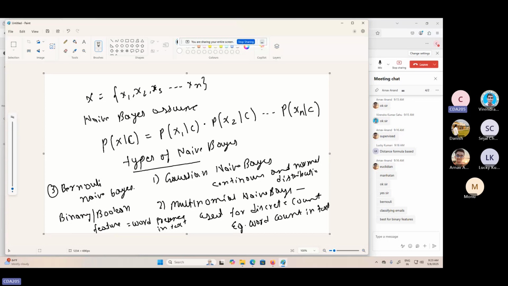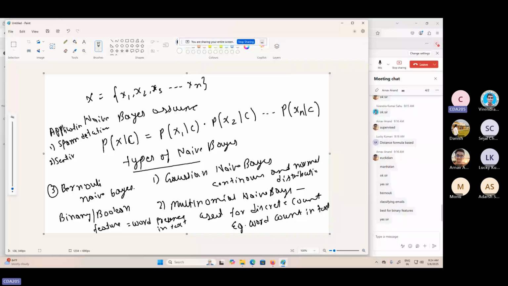What are the applications? Can anyone tell? Applications are spam detection, the best application. Then sentiment analysis.